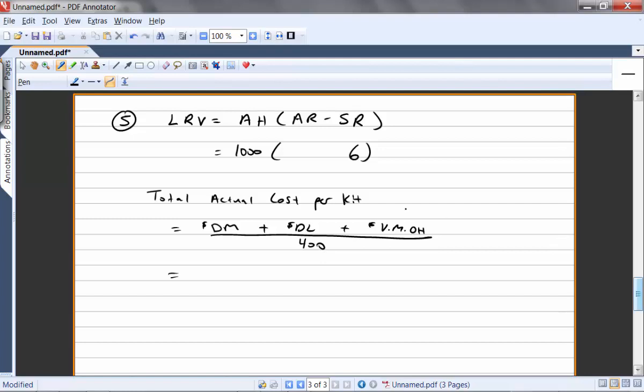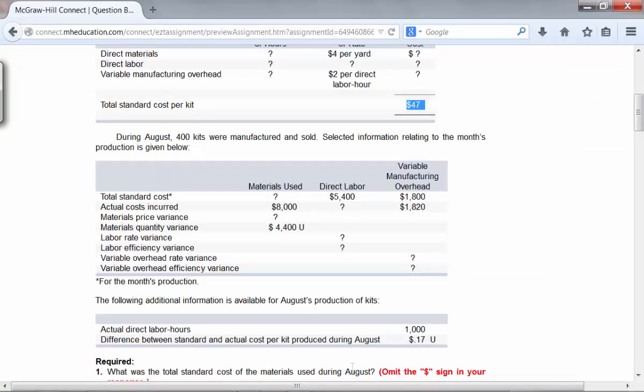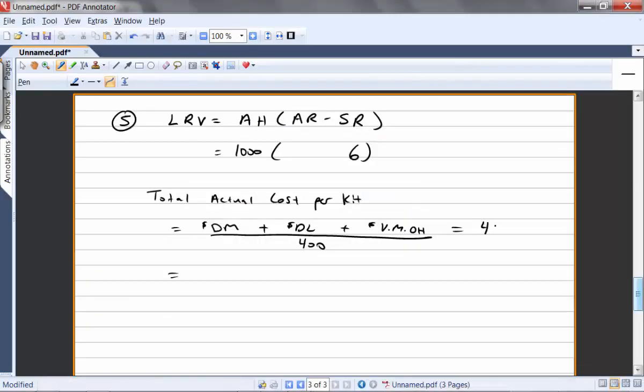And we know that this total actual cost per kit is equal to what? It must be equal to 47.17, because it said the difference between the total actual cost per kit and the total standard cost per kit is 0.17 unfavorable. So it must have cost us 17 cents more per kit actually than what it should have if it's an unfavorable variance. So that's why we know this should be 47.17.